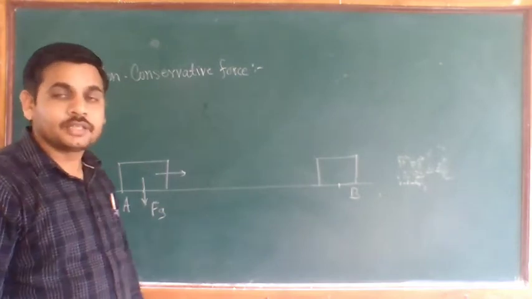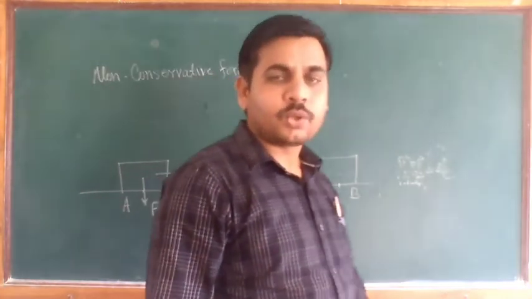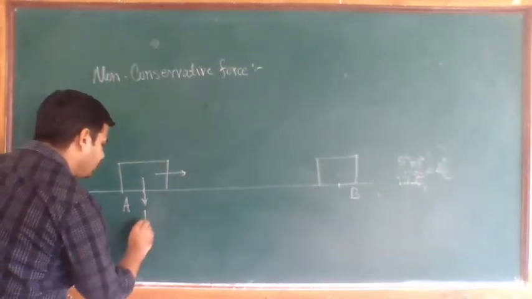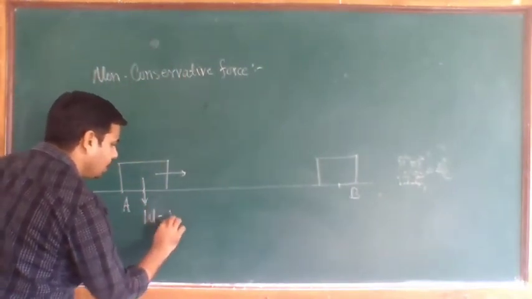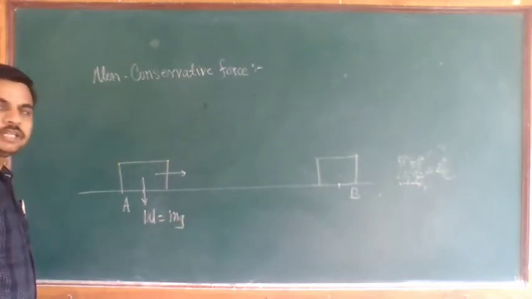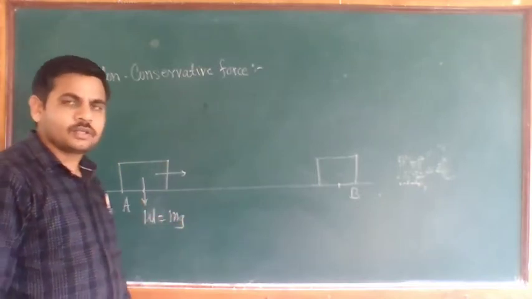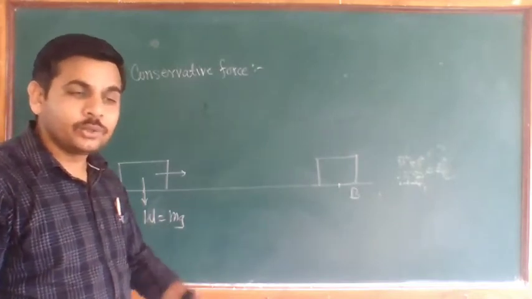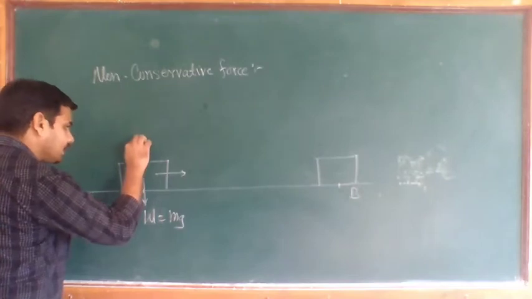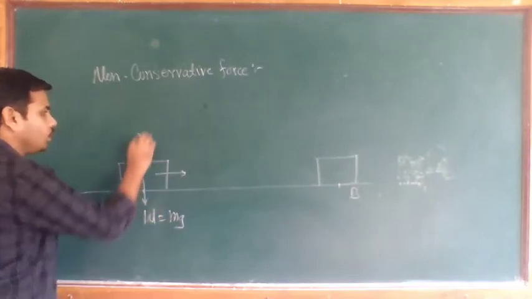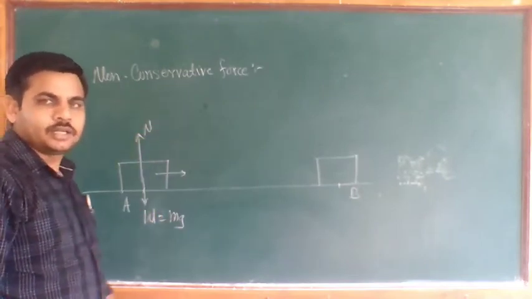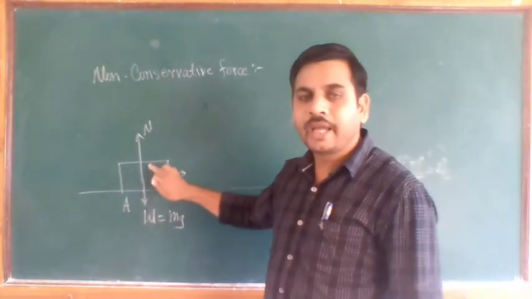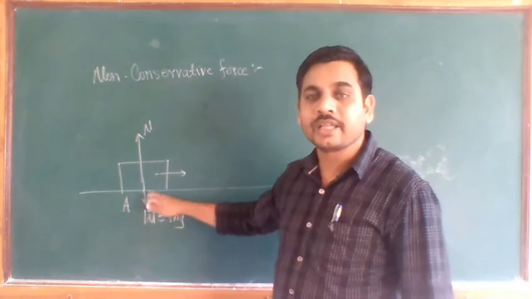This gravitational force, instead of Fg, we can say W is equal to mg. At the same time, the normal force will be exerted. If you do not apply the force, the block will be at rest at position A.